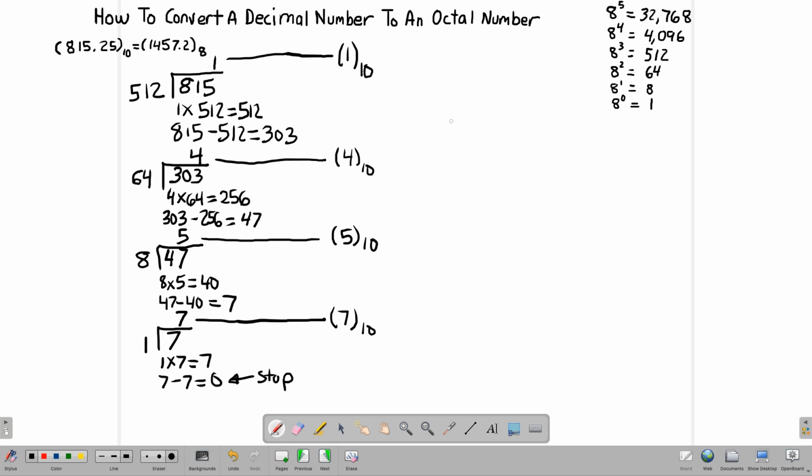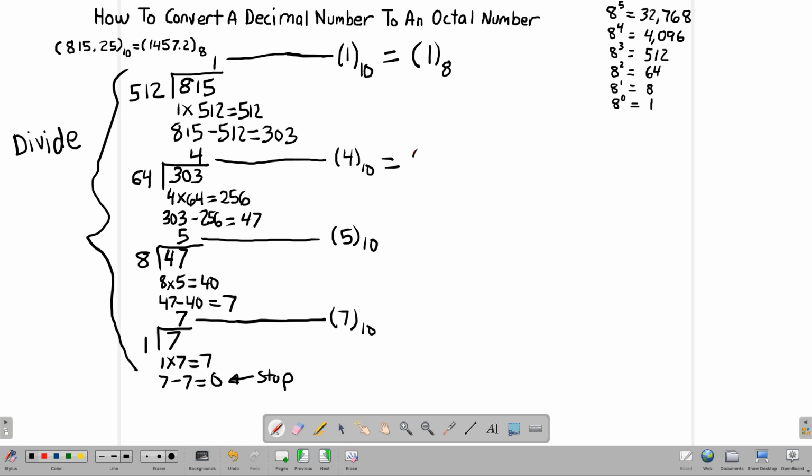To show the decimal part, we actually use multiplication instead. When we dealt with the integer portion, we divided by multiples of 8. Let's go ahead and convert these over. 1 in decimal base 10 is also 1 in octal.